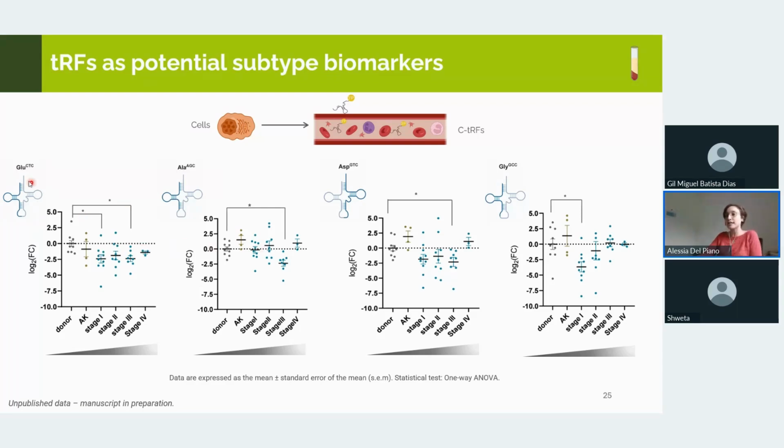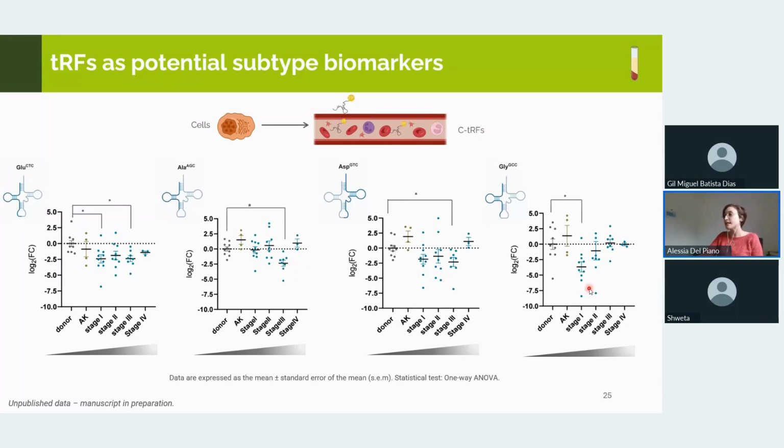So we found that glutamate was already significantly downregulated at the very early stage of disease, and this downregulation was maintained with disease progression, while for alanine, the downregulation was significant only at a specific stage of the disease.